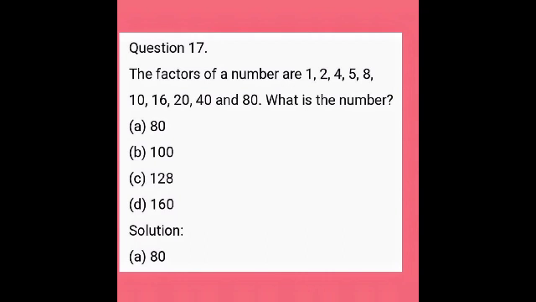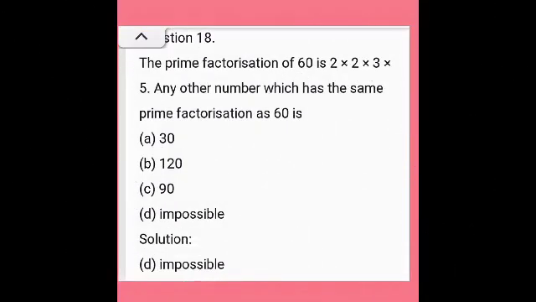The next question, the prime factorization of 60 is 2 into 2 into 3 into 5. Is there any other number which has the same prime factorization as 60? We know that the factors coming under the given number should not be the factors of any other number.